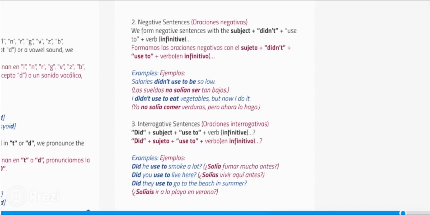I didn't used to eat vegetables, but now I do. 3. Interrogative sentences. Did plus subject plus used to plus verb infinitive. Examples: Did he used to smoke a lot? Did you used to live here? Did they used to go to the beach in summer?